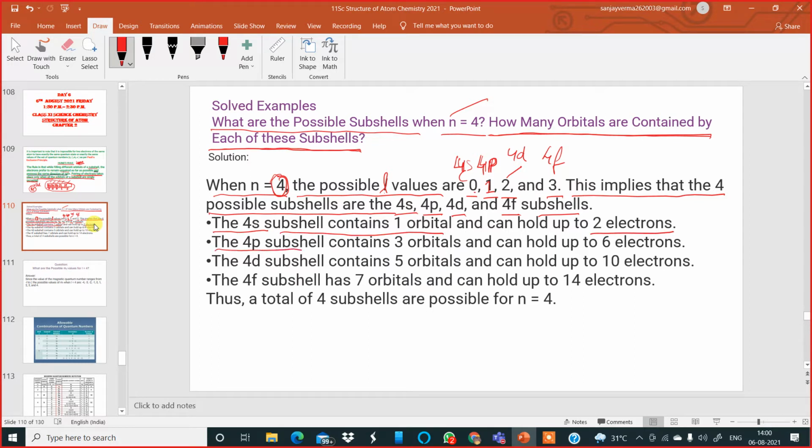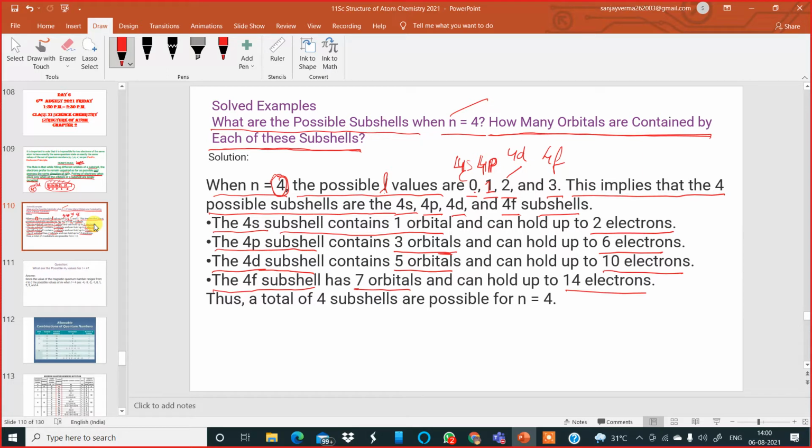Then the 4p subshell contains 3 orbitals, 4px, 4py, 4pz, so it can hold 6 electrons. The 4d subshell contains 5 orbitals. It can hold 5 into 2 is 10 electrons. And then the 4f subshell has 7 orbitals, so 7 into 2, 14 electrons. So this is how you should get the answer. Calculate the number of orbitals, and finally get the total number of electrons in each subshell.